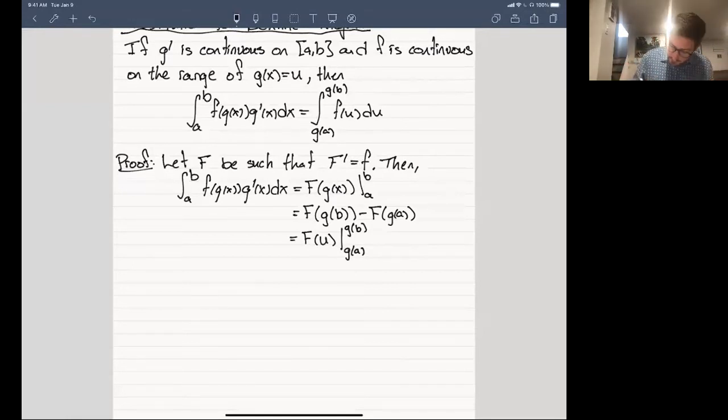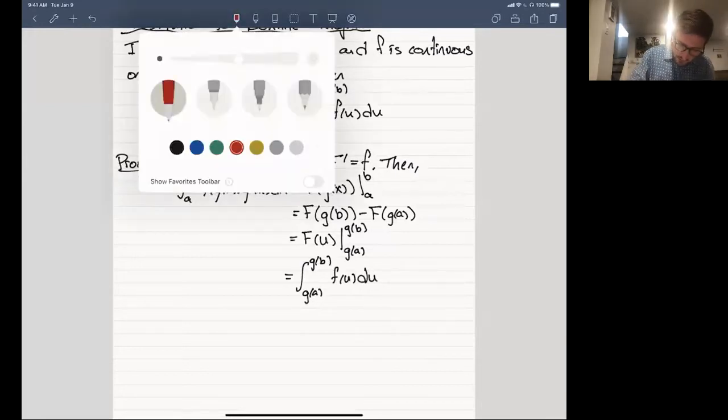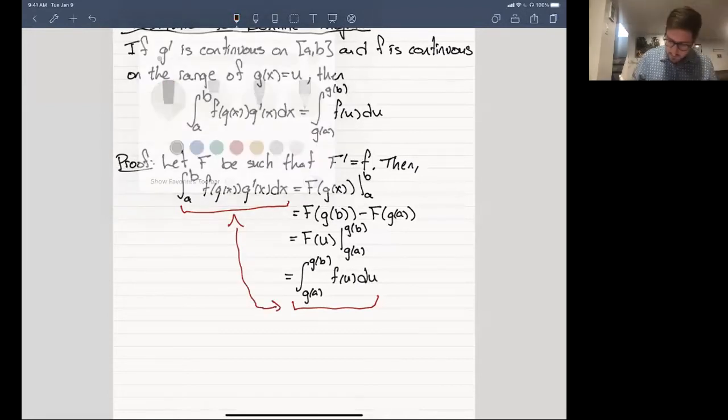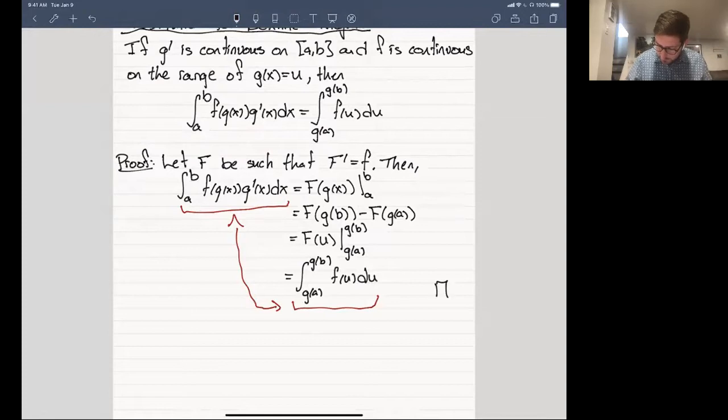And this, from the fundamental theorem of calculus, is the same as an integral running from g of a to g of b of little f of u du. But now what you can see here is I've got the left side and I've got the right side, and by this string of equalities, these things are exactly the same.